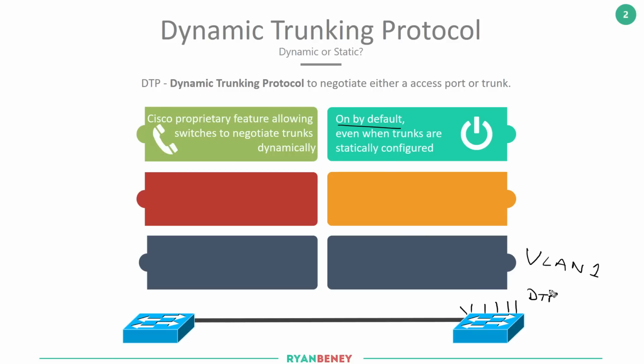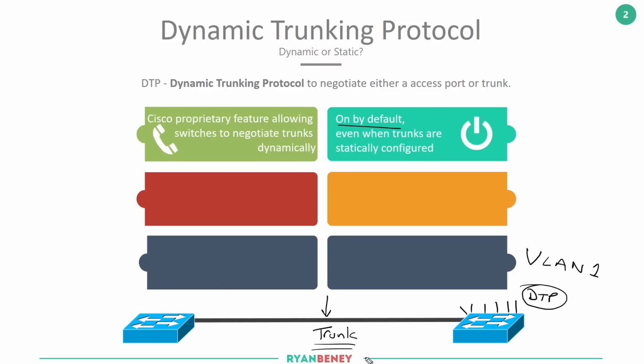The reason it's important to know that DTP is enabled by default is because if you were to plug two switches together, like so, 9 out of 10 times they will be able to form some kind of trunk with one another, and that may or may not be your intentions.